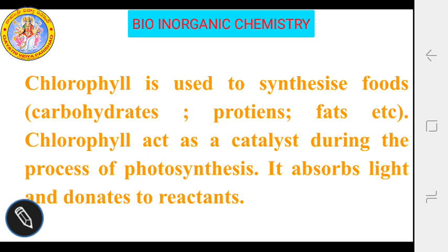So that is what is called photosynthesizer. Okay, a photosynthesizer cannot react directly. It absorbs light and donates to other reactants. So here we can say chlorophyll acts as a photosynthesizer rather than a catalyst.